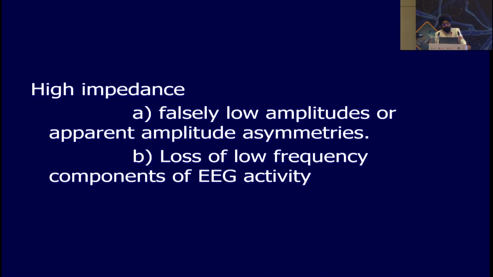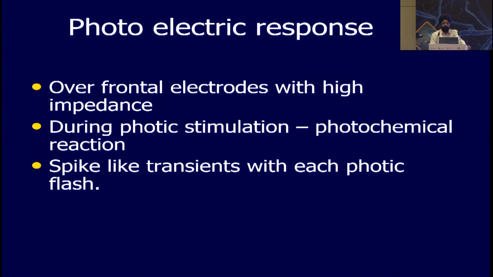High impedance will cause falsely low amplitude or apparent amplitude asymmetries, and you can have loss of low frequency components of EEG activity, which will cause these electrode movement artifacts.